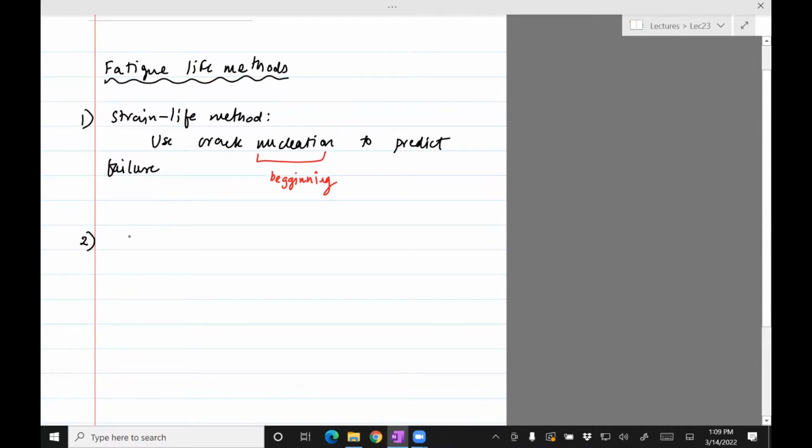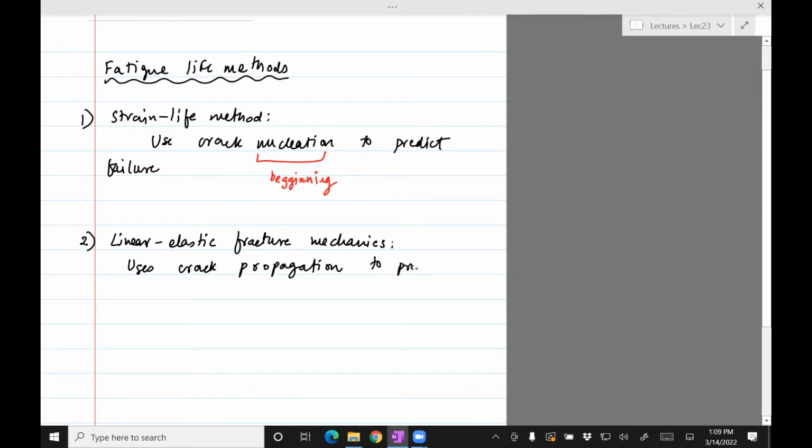There is another method called linear elastic fracture mechanics. This one uses crack propagation to predict failure. As I said, once the material is loaded, cracks appear, and those cracks grow in a certain direction.